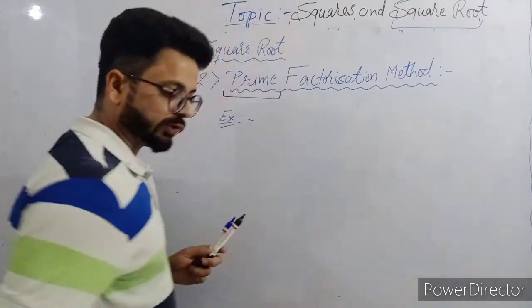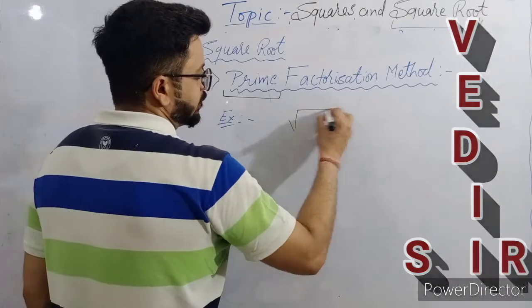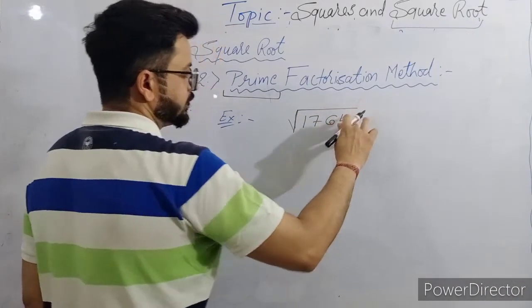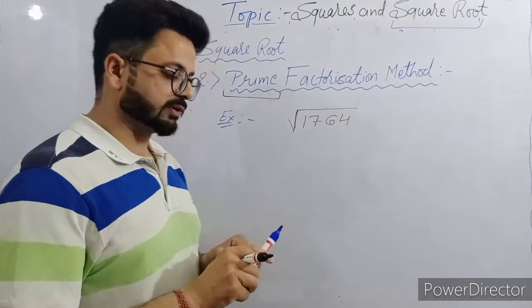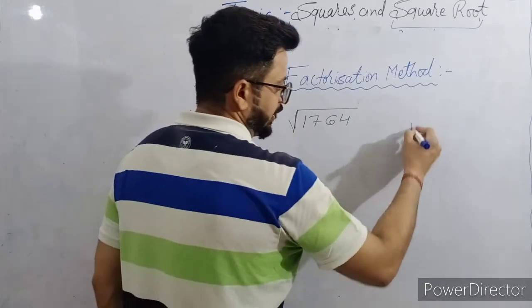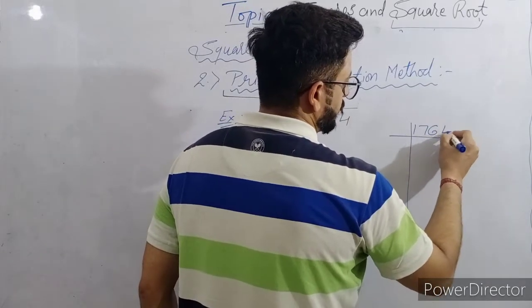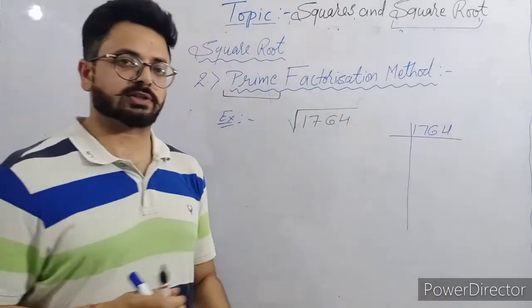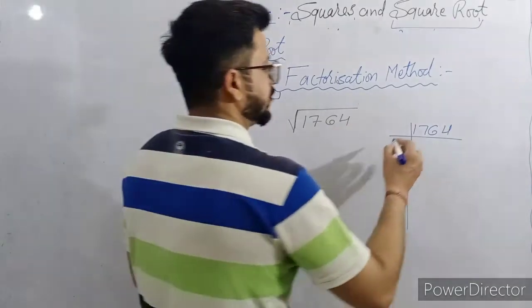Square root of another number. We need to calculate the square root of 1764. First of all, the prime factorization of this number. Pause this video and first solve by yourself, and afterwards you see your solution here.